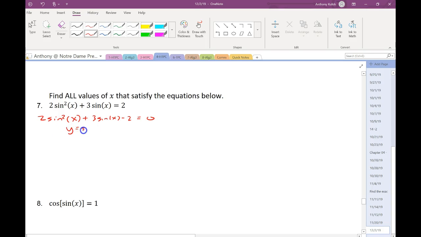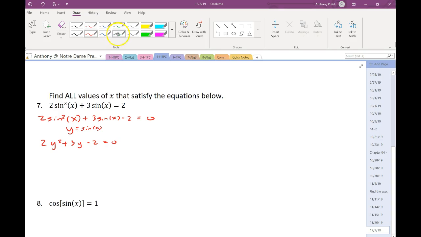And just so we're clear, if y is equal to sine x, this is definitely the quadratic 2y squared plus 3y minus 2, right? How do we solve a quadratic? You could factor it or use the quadratic formula. Does it matter which one you do? Nope. Which way do you want to do it?